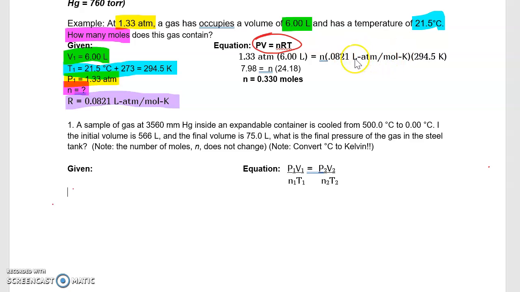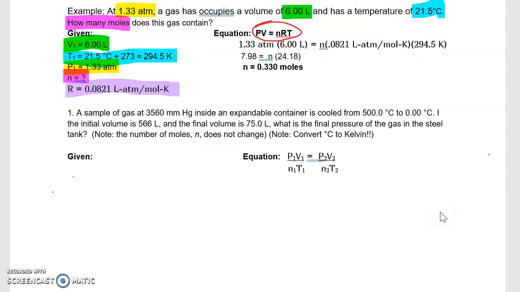Remember that this is not an equation you plug numbers into. It's just a complicated set of units that go with this constant of R. And notice the units matter, though, for this problem, and then 294.5 Kelvin. So I multiply 0.0821 and 294.5, I get 24.18. I multiply 1.33 times 6, and I get 7.98. And then I divide both sides by whatever's with my unknown. So both sides get divided by 24.18. So that becomes 0.330 moles, and that is my answer.